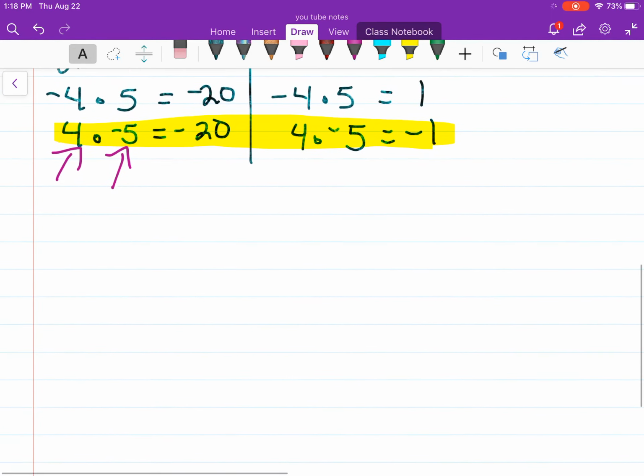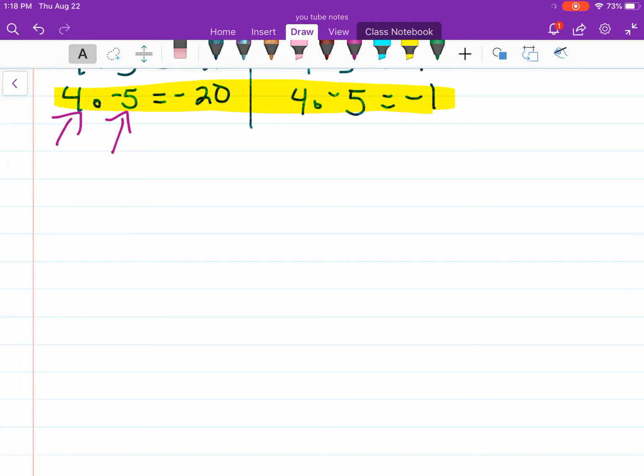Okay, let's work another one. Let's do x squared. Let's do one with a plus. Hold on a second. Plus, I apologize. Here we go, x squared plus x minus 72.